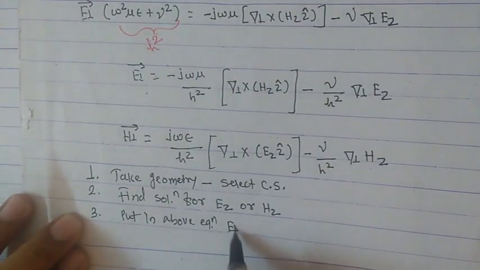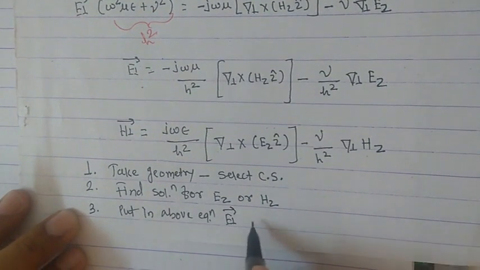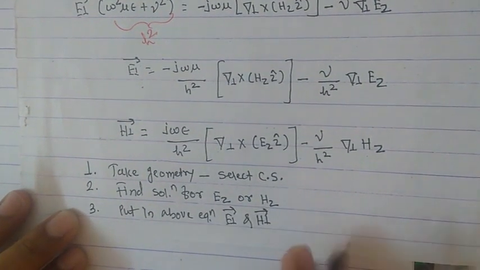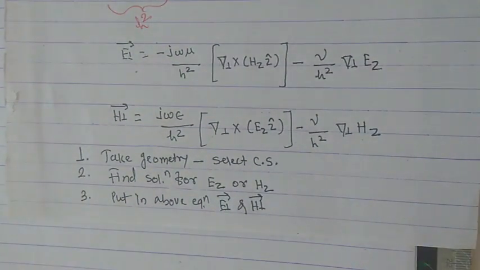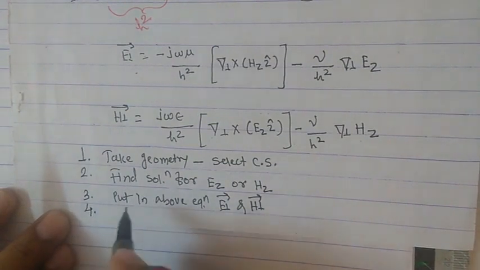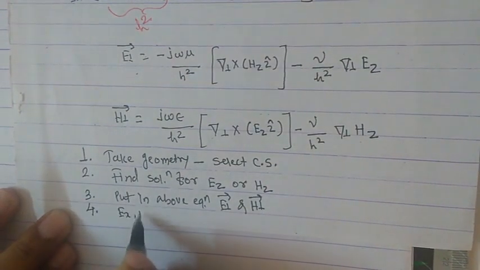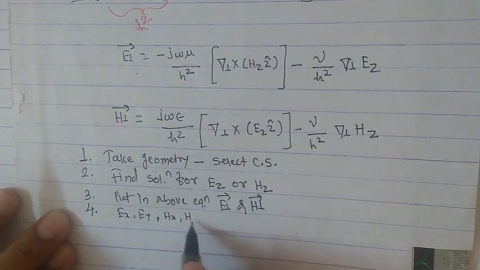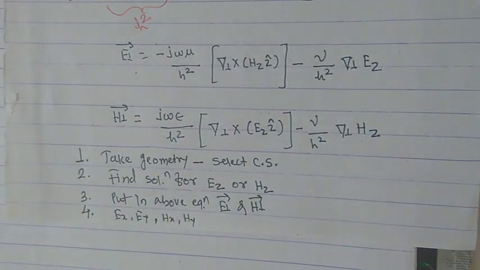So determine Ez or Hz and put it into the general E and H transverse equations. You will get the final four field equations. And that is the analysis of a waveguide, for rectangular or any shape.